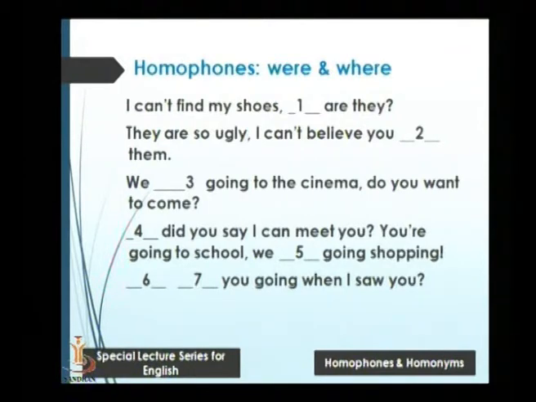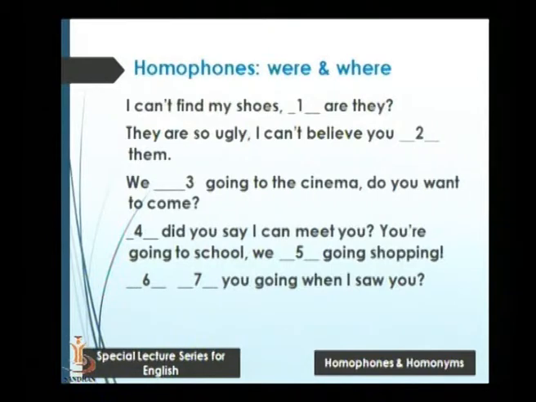Similarly, as I said, give a paragraph or scattered sentences and ask students to insert either WHERE, WERE, or another word can also be added here, WEAR, which was discussed earlier. So provide 2 or 3 such homophones and ask students to fill up.